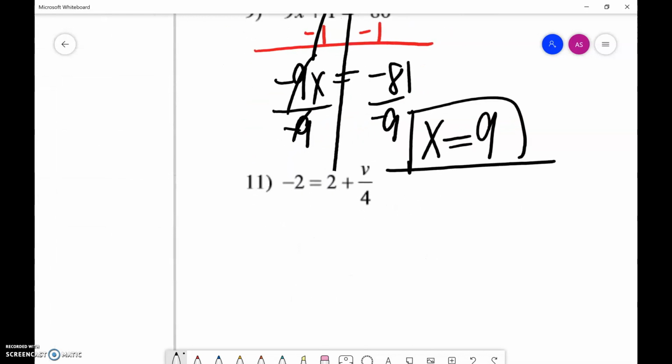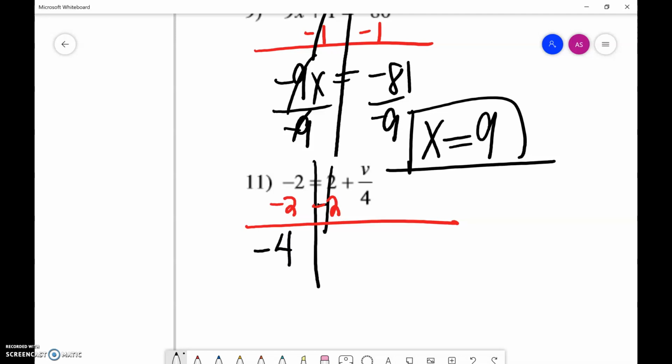All right. So let's split this one. And we're going to add 2 on both sides. This is going to cancel out. So now I have -2 minus 2. That's going to give me -4.